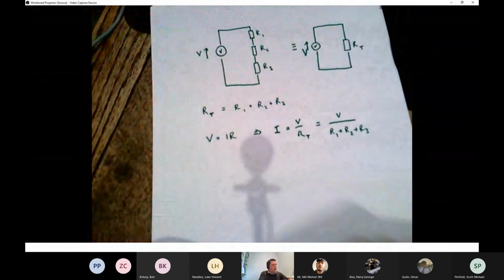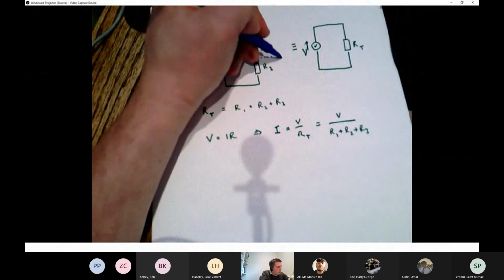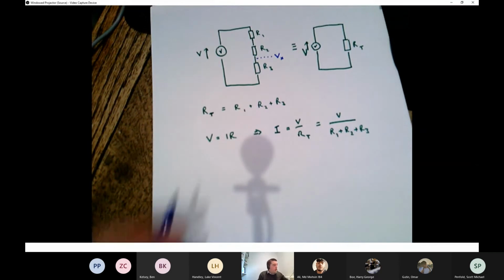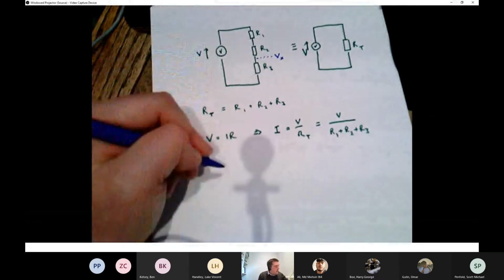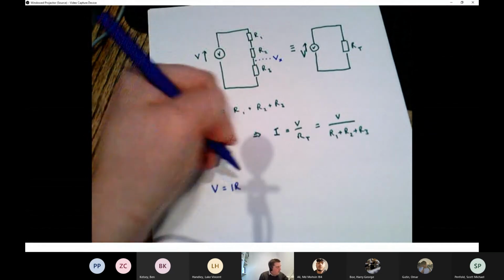And so if I now want to know the voltage here, Vx, let's say, then I can do the same calculation that I did with numbers before, but now algebraically with letters. I can say, okay, V equals IR.